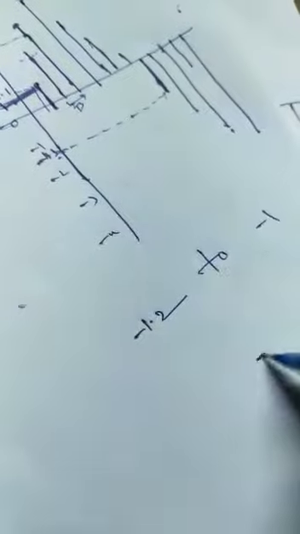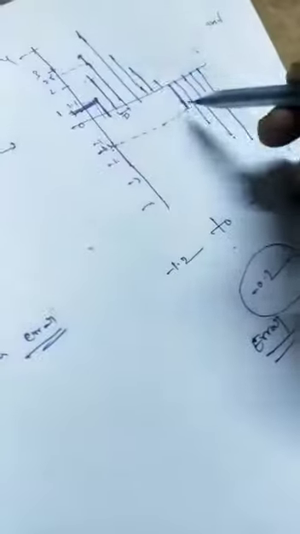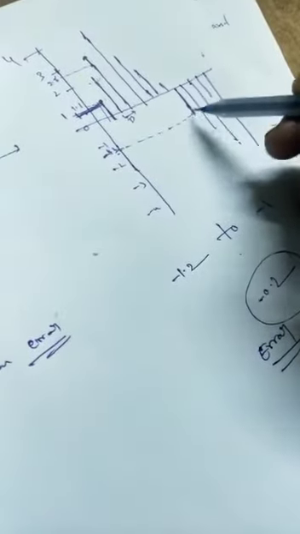The difference is minus 0.2. This is the quantization error. That means the difference between the analog value and the nearest digital level is called the quantization error.